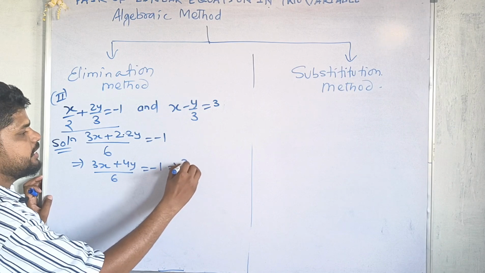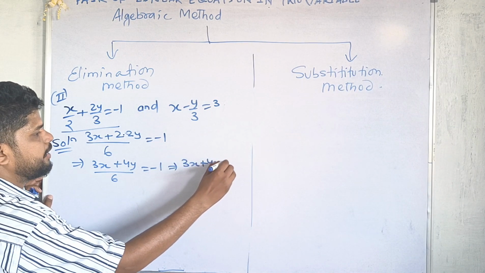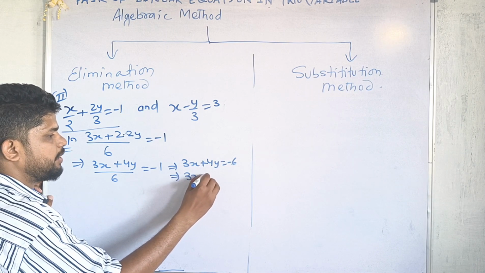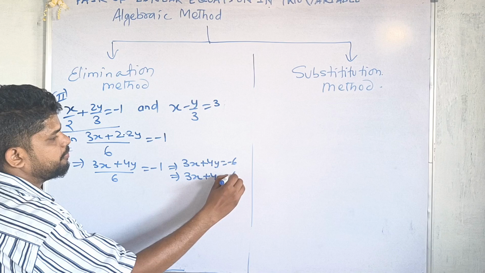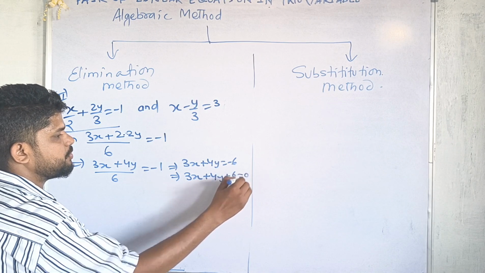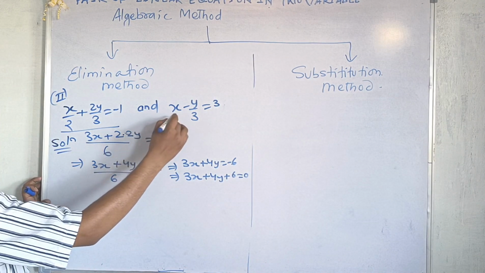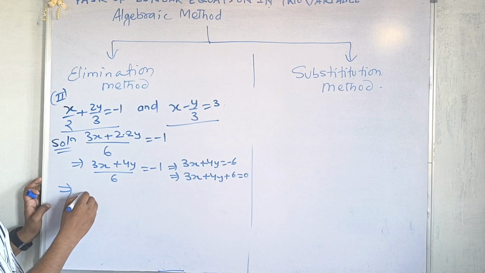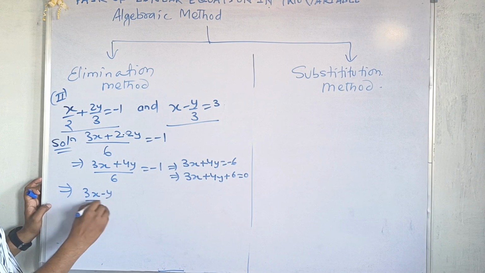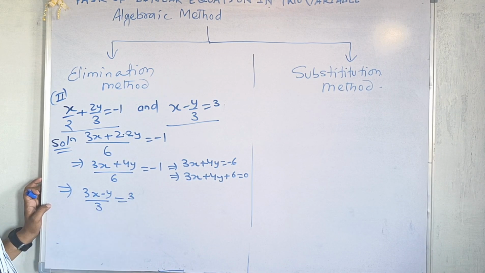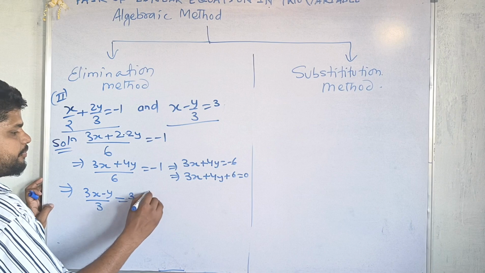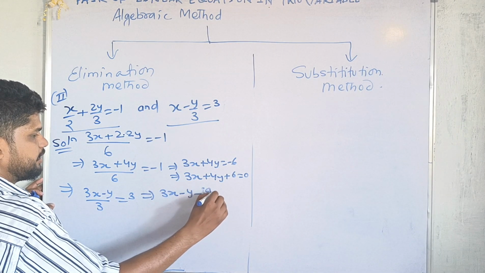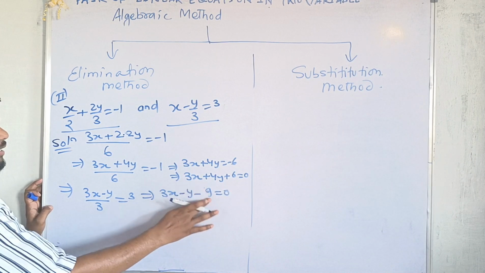Here it's 3x plus 4y minus 6, which can be rewritten as 3x plus 4y minus 6, plus 6, that is equal to 0. Okay, and this second equation can be rewritten as 3x minus y divided by 3, by taking 3 as the LCM. This will be 3x minus y minus 9 is equal to 0. Okay, minus 9.